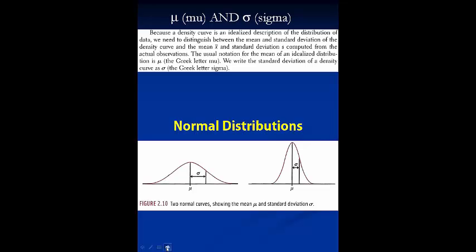Now down below on this particular screen you see that I have two normal distributions, and it shows that mu is always in the center of a normal distribution. We're assuming that a normal distribution is symmetric, so our median would also be in the center, and we'll cover more of that later.